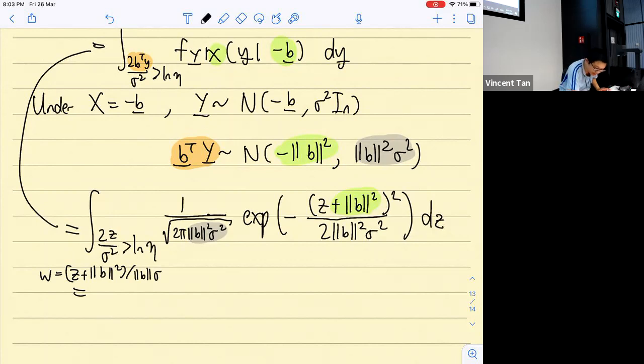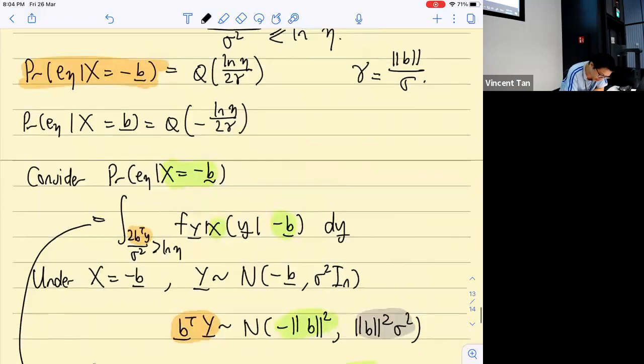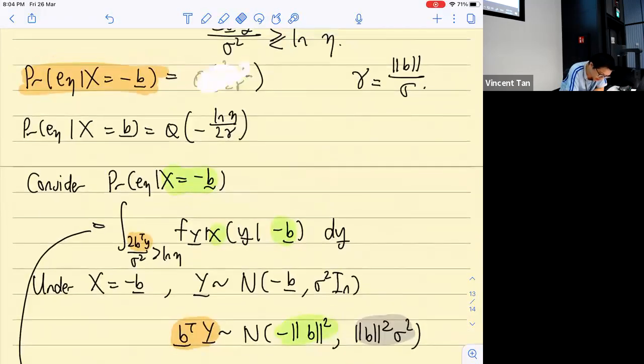I'm going to get this wrong if I write it. We change the variable in this particular way, and then we will see that this is going to be Q of log eta over 2 gamma plus gamma, where gamma equals norm B over sigma. I'm not sure about this expression here, so let's just erase this for now.